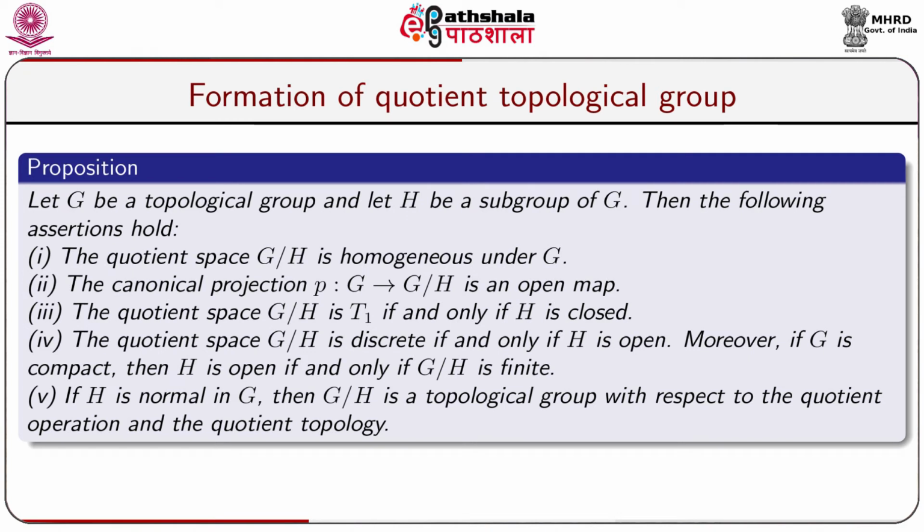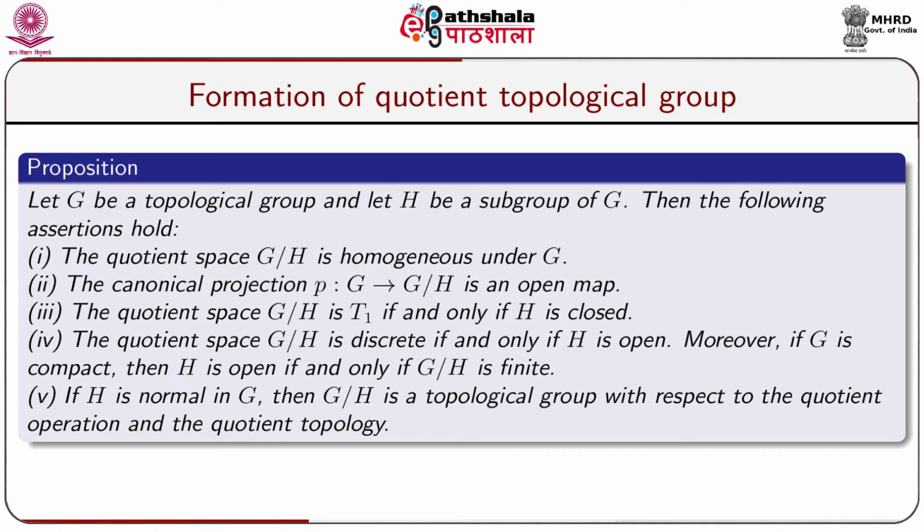So, we have the following properties corresponding to the quotient space G by H obtained from G by the canonical mapping P. Let capital G be a topological group and capital H be a subgroup of G. Then we have the following assertions. The quotient space G by H is homogeneous under G. The canonical mapping P from G to G by H is an open map.